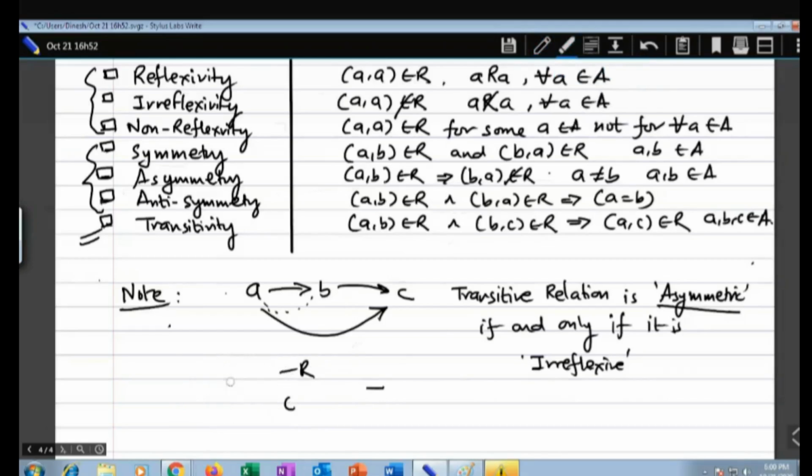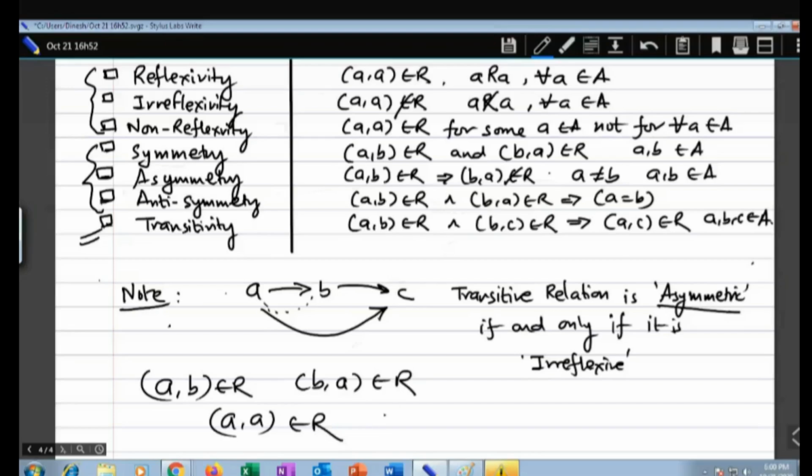I will once again write it neatly. If (a, b) is in R and (b, a) is in R, by transitivity, (a, a) must be in R. So a transitive relation will be asymmetric if and only if it is irreflexive. This should not happen, and then it makes it an asymmetric relation.